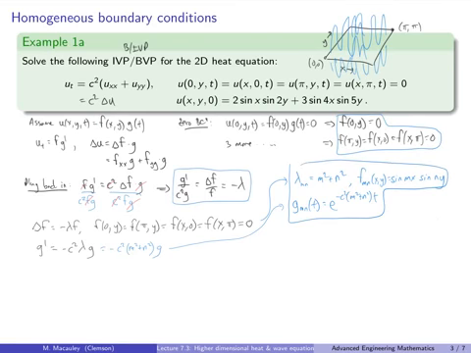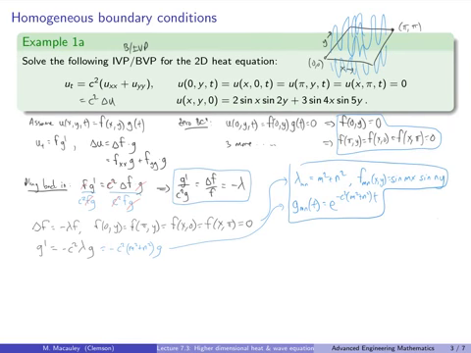So this is what we get for our functions f and g. We were looking for a solution of the form f times g, and we said if there is one, then there is one for every pair m and n of positive integers, and they are of this form.